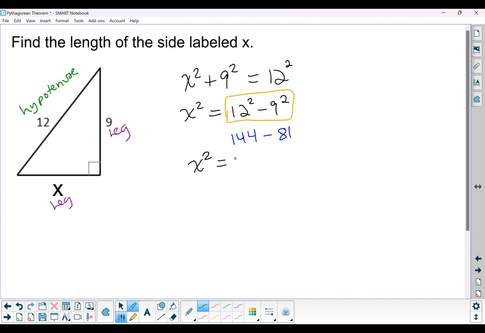So we have x squared is equal to 63. When we take the square root of 63, in radical form, that's 3 root 7. Or if you have a decimal answer, that's 7.94.